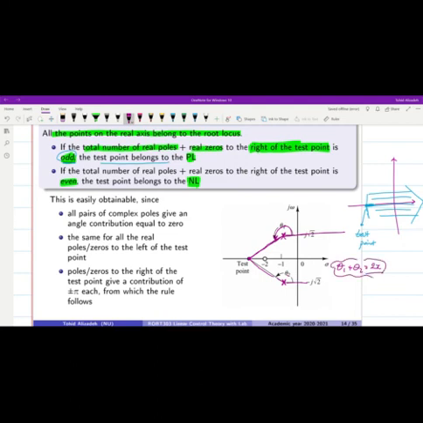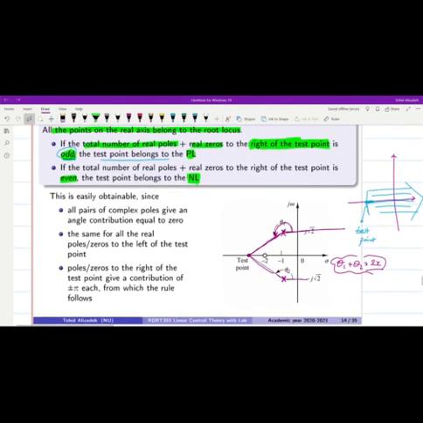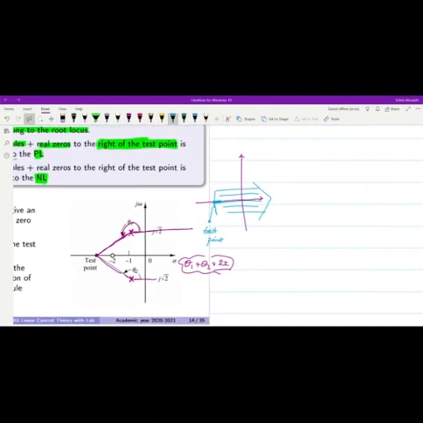So we can indeed neglect these complex conjugate poles. Alright, so this way we can determine the part of the real axis that belongs to our positive locus or negative locus. Let me give you an example before moving forward to the next rules.